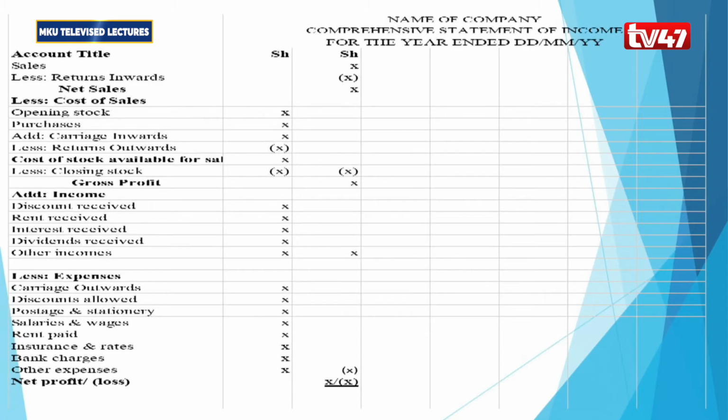And so the final bit will be to deduct from net sales. Remember we said our first part, net sales, minus our cost of sales, which is part 2, and we have the amount here to give us the gross profit.